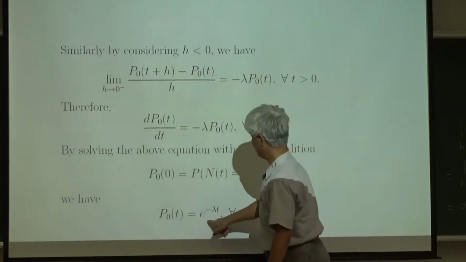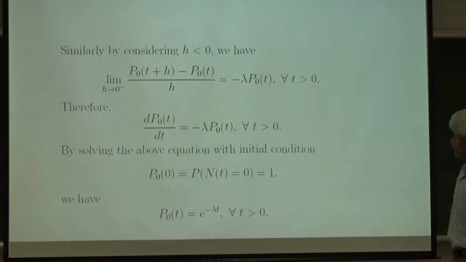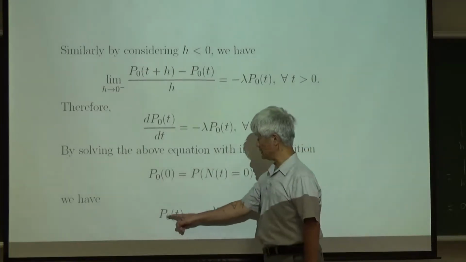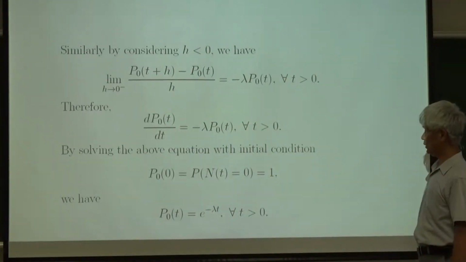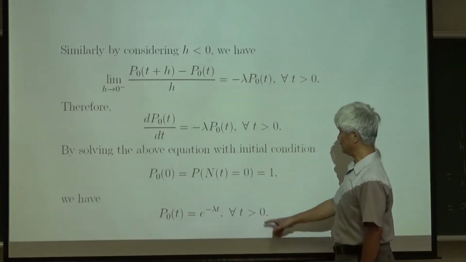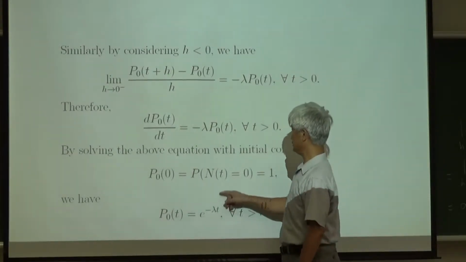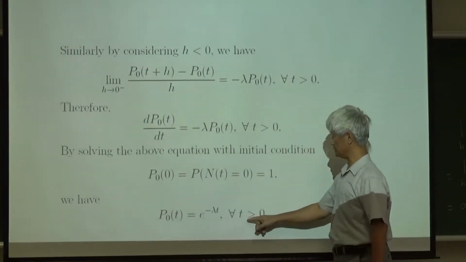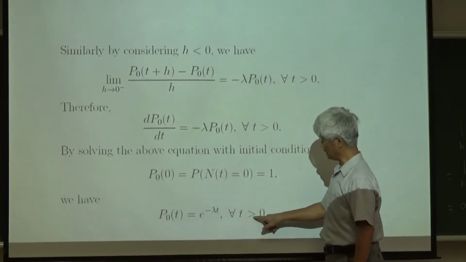So this is the solution here. First of all, we determined that P0(t) is an exponential function for all t greater than 0. And by the continuity at t equals 0 with this initial condition, we can put an equality sign here.